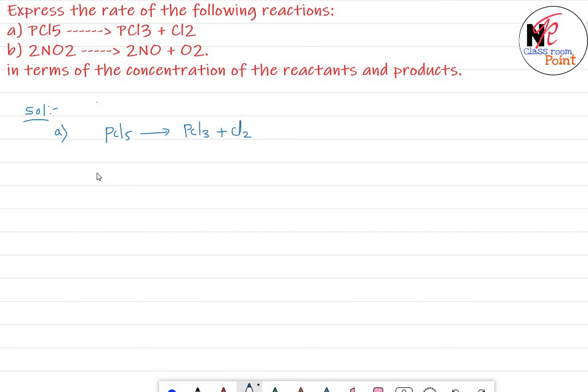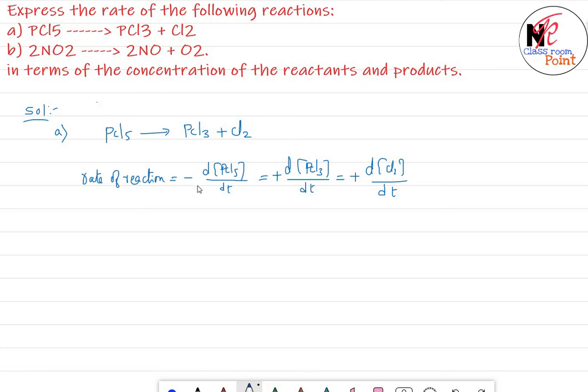The rate of reaction of this reaction equals minus d concentration of PCl5 divided by dt, equals plus d concentration of PCl3 divided by dt, equals plus d concentration of Cl2 divided by dt. This is the rate of reaction, where minus indicates a decrease in the concentration of the reactant and plus indicates an increase in the concentration of the product.